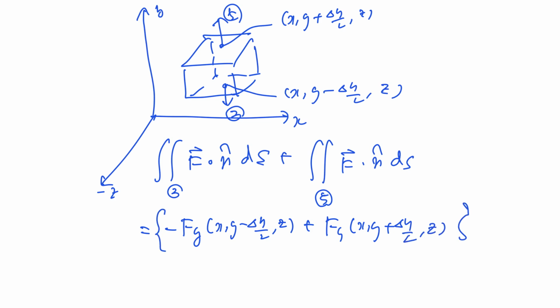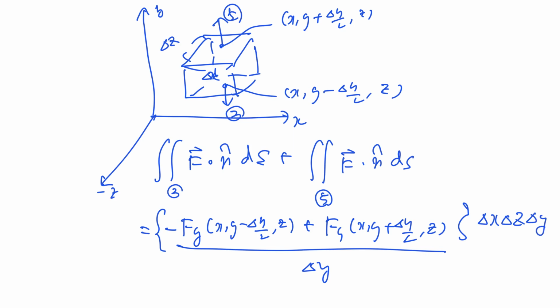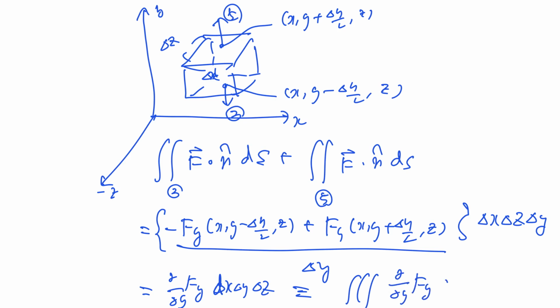Now in this case the area is delta x, delta z. So you divide by delta y, multiply by delta y, becomes partial fy over partial y, delta x, delta y, delta z, equal to the volume integration dV.